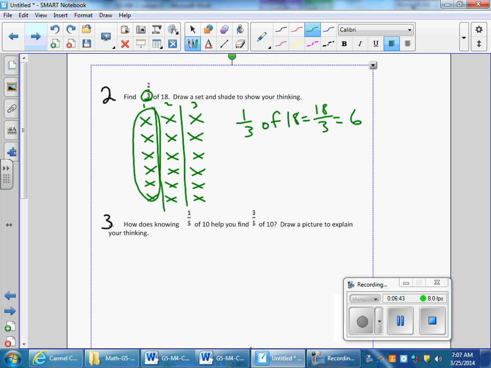My set shows that 1/3 is 6. 2/3 would be double what 1/3 was. So double 6, 2/3 is 12. Or I could look at it with 2 sets. 6 plus 6 is 12. 2/3 of 18 is 12.